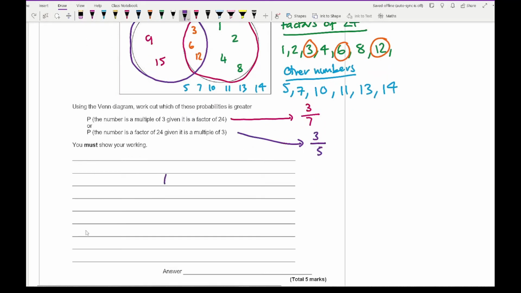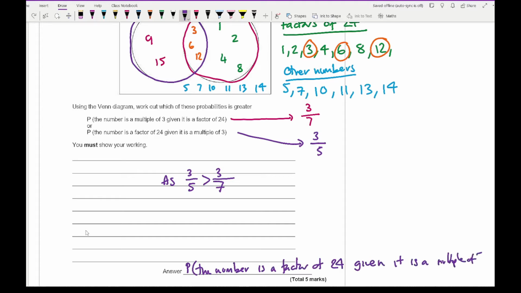Well, as 3/5 is bigger than 3/7, we can then say that which one is greater. Well, the probability of the number is a factor of 24 given it is a multiple of 3.